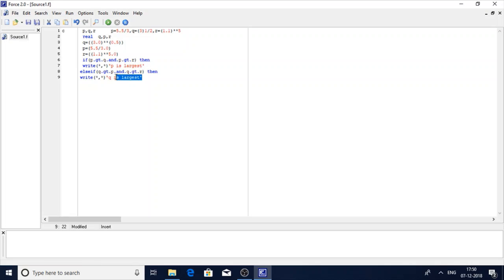And my next statement will be, and you don't have to write the condition here, just write else. That means otherwise you will get R is largest, right? It's common sense that if P is not largest and Q is not largest, that means I have only R as my largest. All right. Now I have to write end if in the if-else statement here.